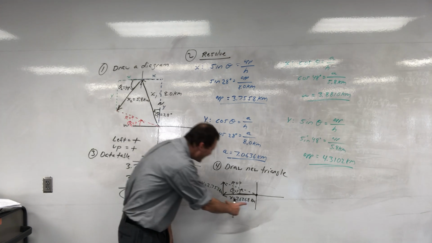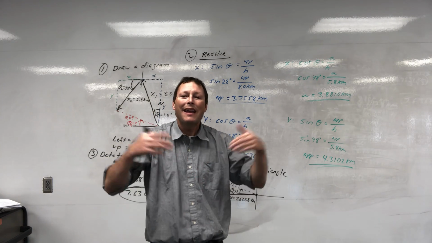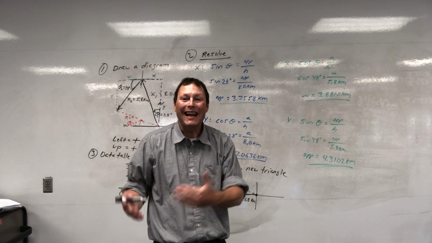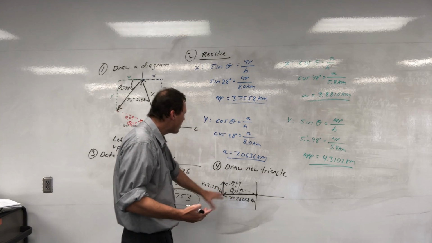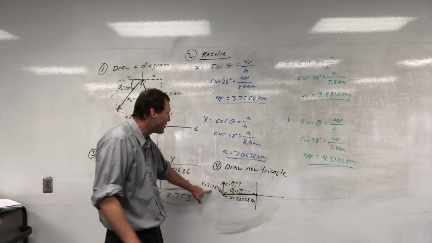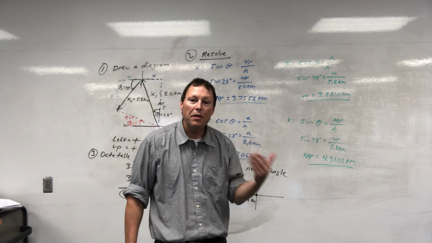So now that I've got the x and the y components of my triangle, I can now go ahead and try to figure out the magnitude and the angle. So how am I going to figure out the magnitude? Well, I've got the x component and I've got the y component, so I can actually use the Pythagorean theorem.